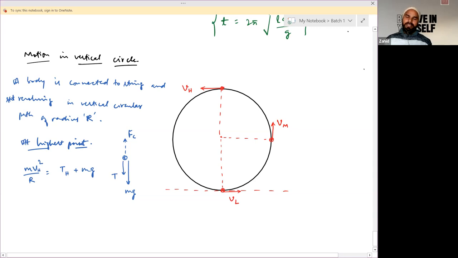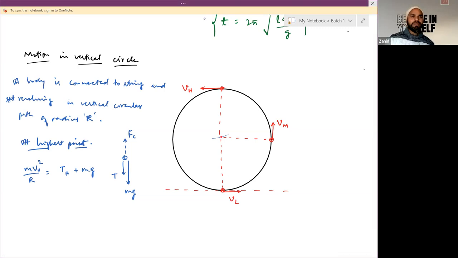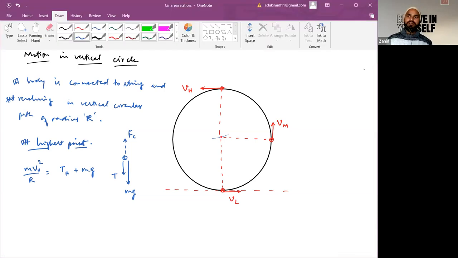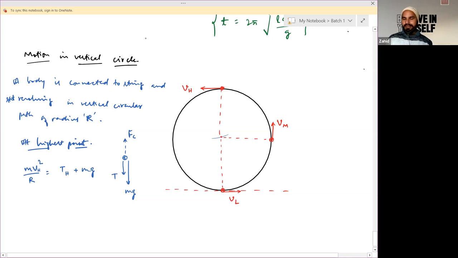So what would be the minimum condition to revolve along this particular circular path? At highest point, the object will slack slightly and then come down to move along the circular path. Due to that slackness, tension at highest point for minimum condition would equal 0. So now if you compare, m times vh square over r equals to m times g.